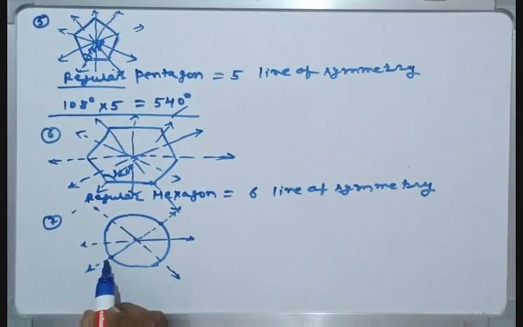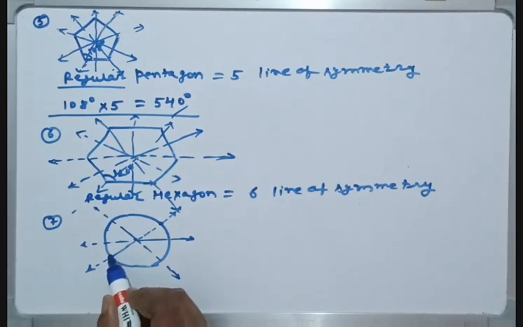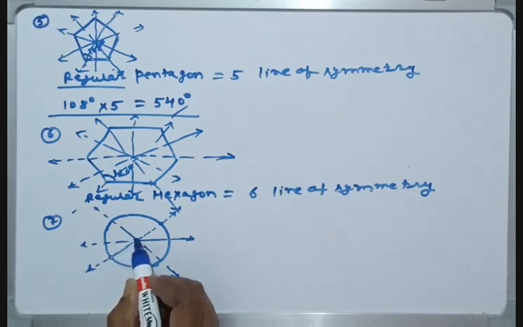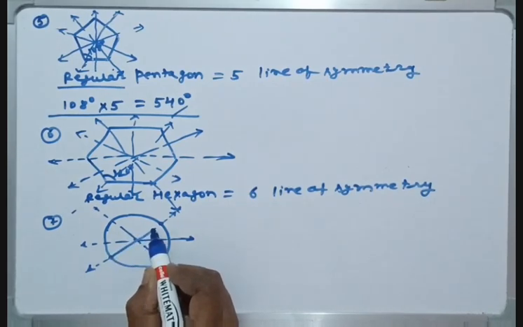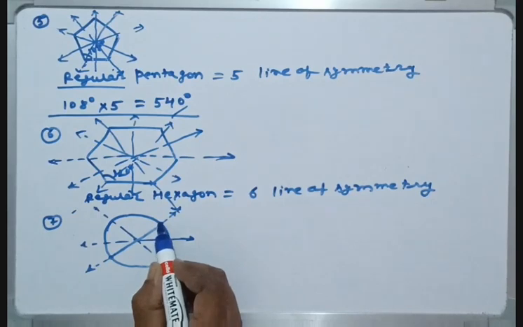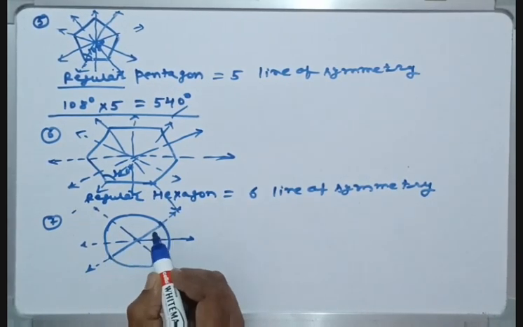See, from here to here, this is a diameter. Okay, what does diameter mean? When we draw a line starting from the curved surface, this one, and passing through the center and reaching the other curved surface like this one, this one is a diameter.